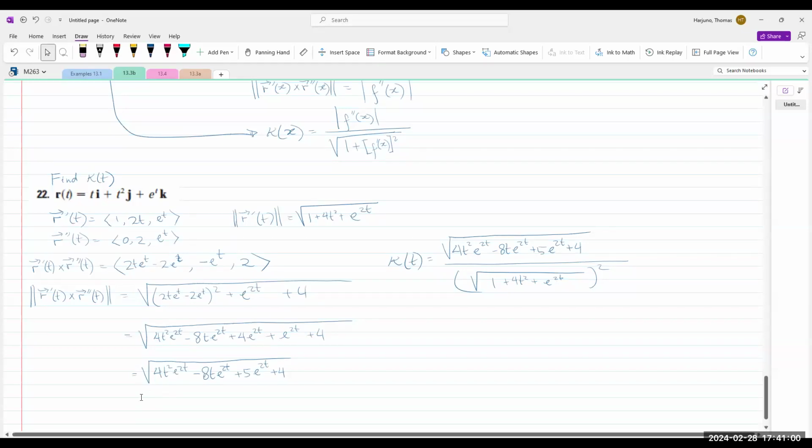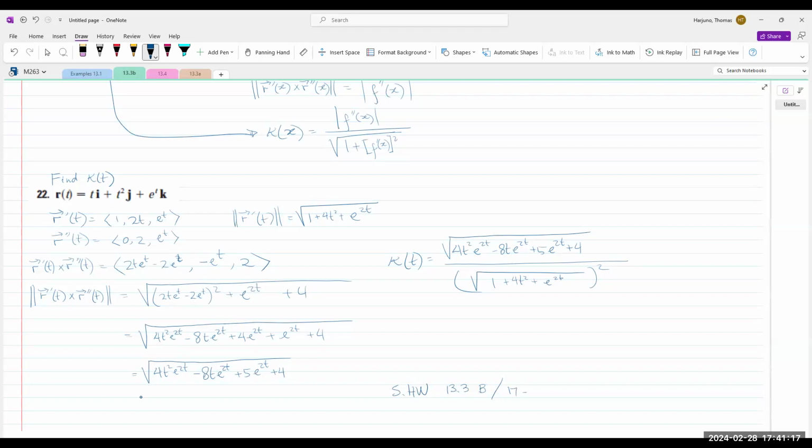The suggested homework from this 13.3, the second part B, where we do some examples on the TNB frame and the curvature: 17 to 25, 43, 45, 47, 49.